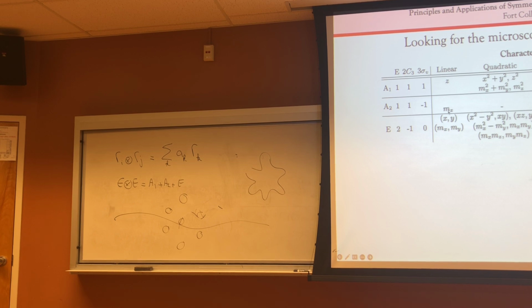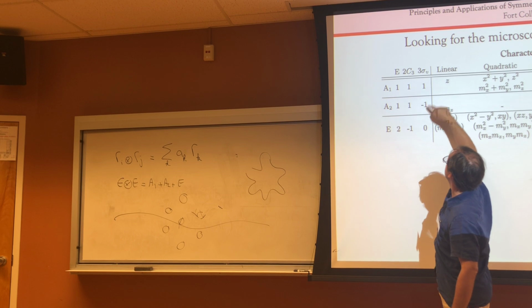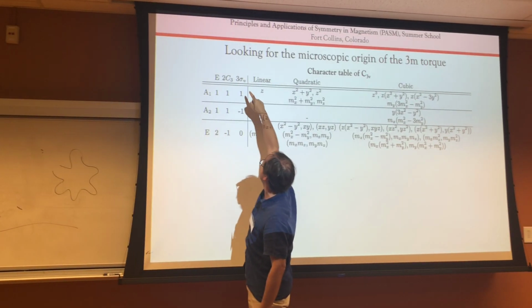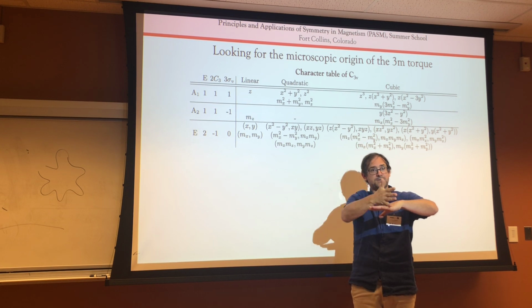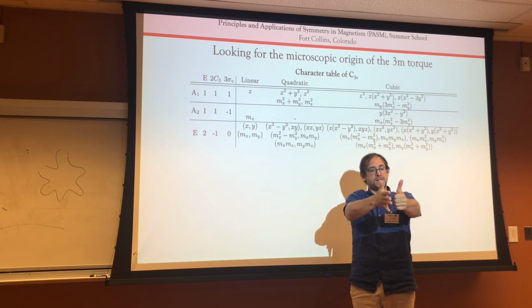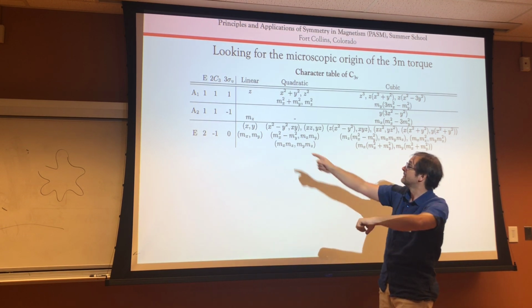This is the difference between Mz and z. You have this threefold rotation, and their character for the threefold rotation is 1, both of them. But they behave with opposite parity under the mirror symmetry, because you have a mirror that is perpendicular to the plane. So the z component is not modified, but the Mz component switches, because it's an axial vector.